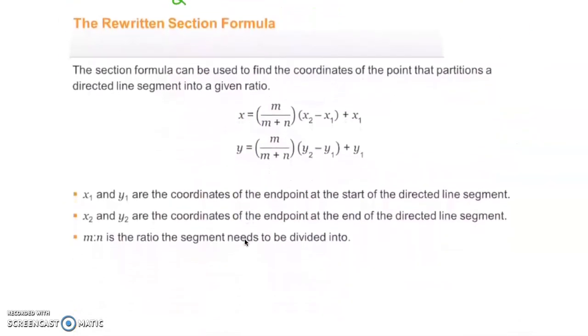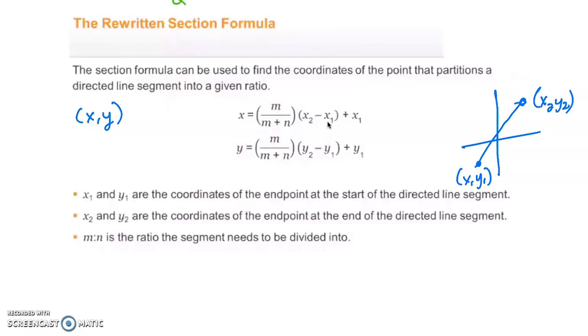So another way to rewrite this section formula, you want to pause your video and put this in your notes. A lot of times in your assignment and quiz, it's going to have this, but you want to have an understanding of what this is. In a coordinate plane we have x, y points. If I drew on a coordinate plane a point here and a point here, one would be x1, y1, and one would be x2, y2.